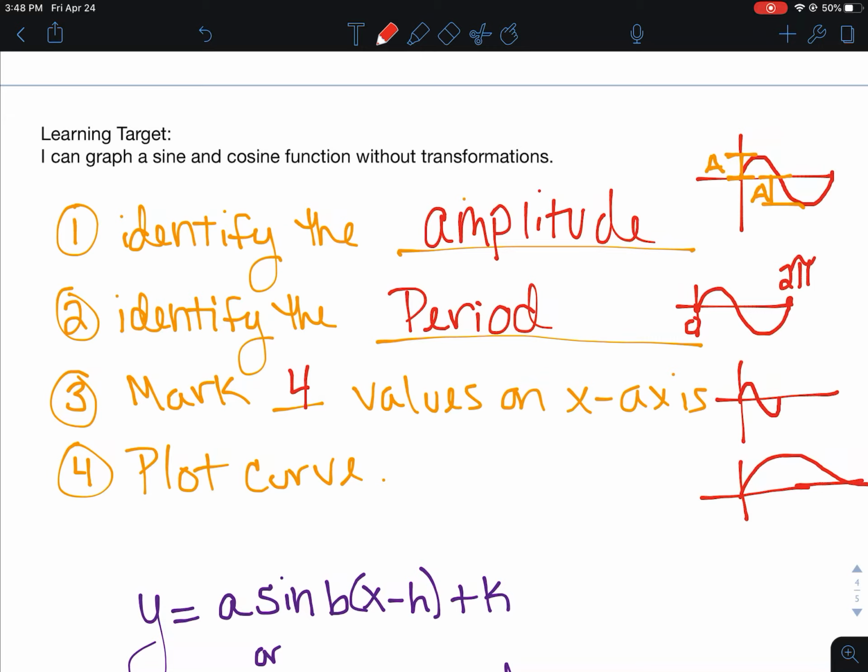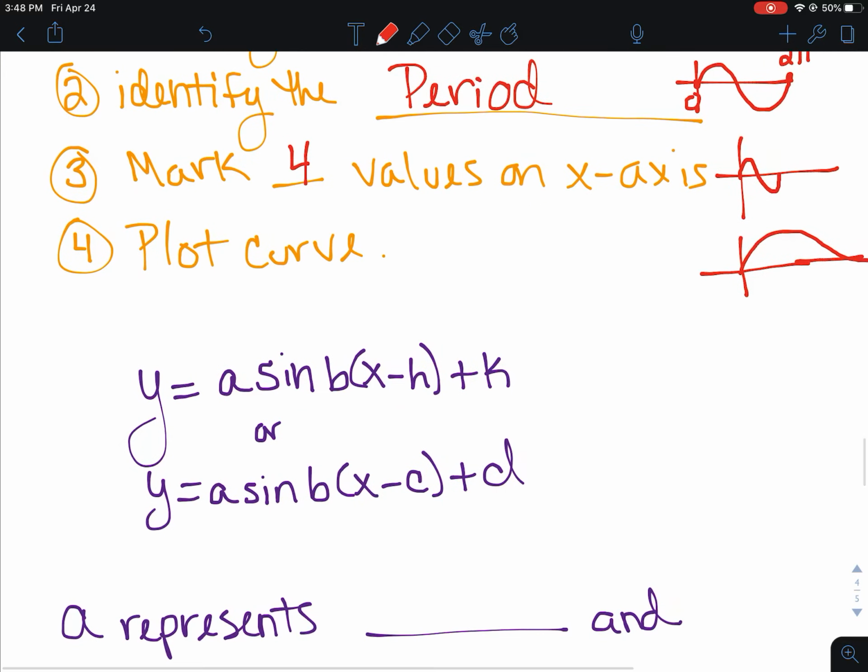Okay, and so these functions follow the same transformation rules that we've been talking about forever and ever in this class. And there are two ways to look at it. In particular, the sine function, this could be replaced with any of those trig functions. A is the number in the very beginning. And here I used x minus h plus k because that's what you're used to.